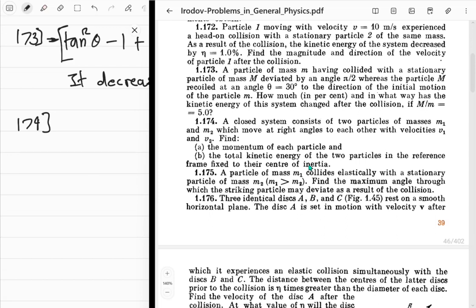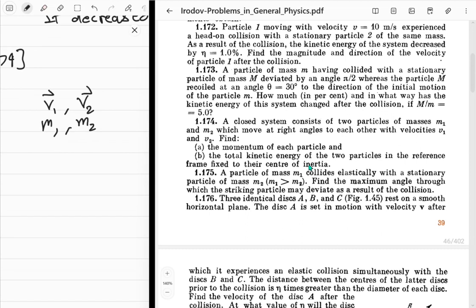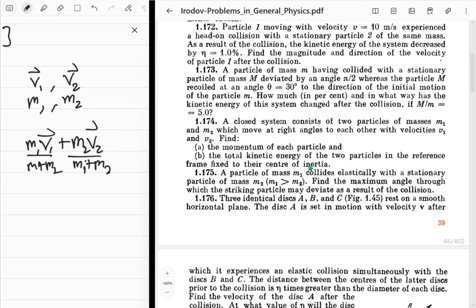Fine. Understandable. So just use vectors for now. V1 vector, V2 vector, and masses M1, M2. The center of inertia will have velocity (M1 V1 vector plus M2 V2 vector) upon (M1 plus M2). That is the velocity of this guy.